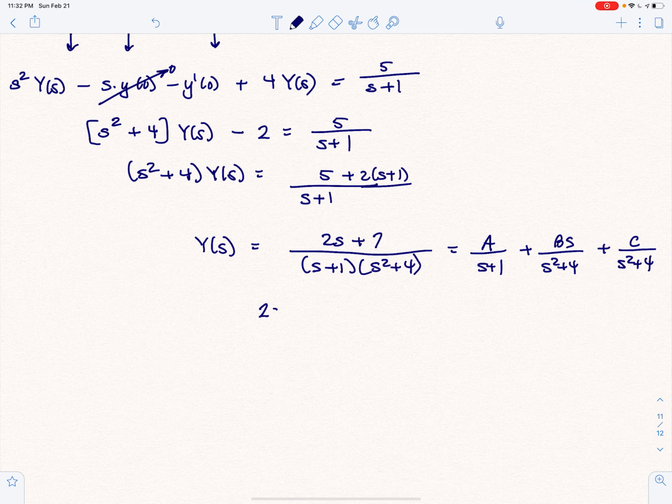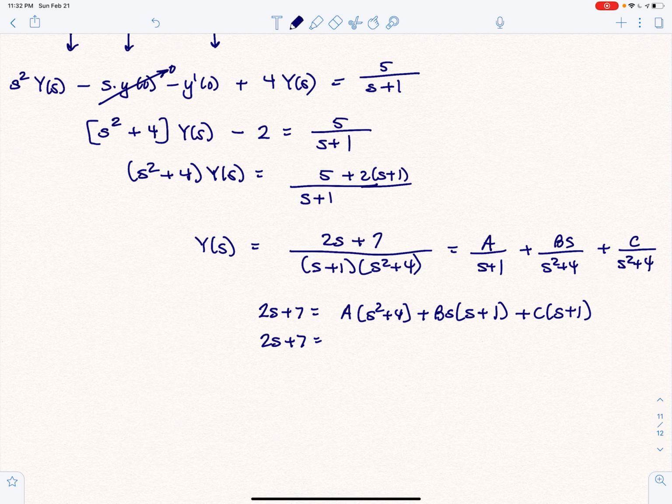So this means that 2s plus 7 is equal to A times s squared plus 4 plus Bs times s plus 1 plus C times s plus 1. And it might be easier for this case to just collect like terms by powers of s. So this is s squared times, let's see, we have an A and we have a Bs times s, which is a Bs squared.